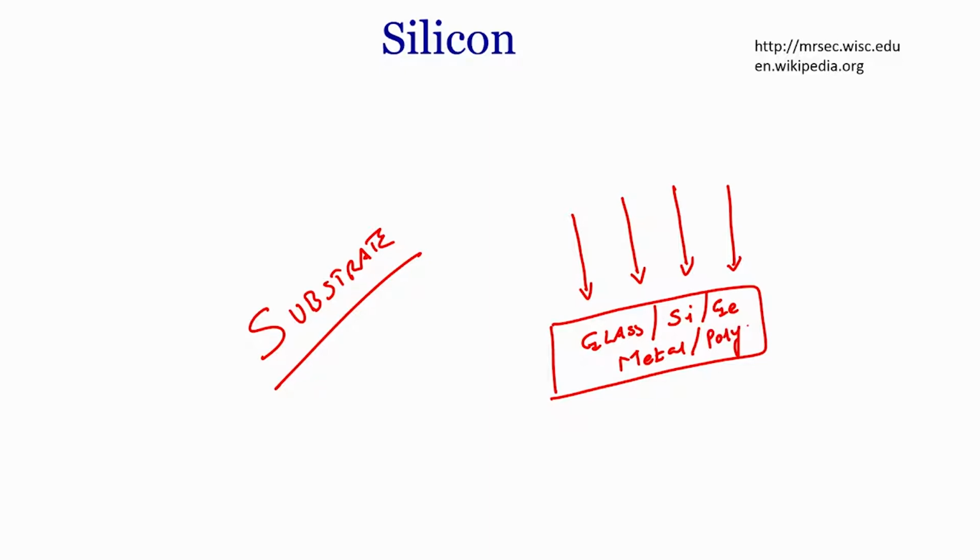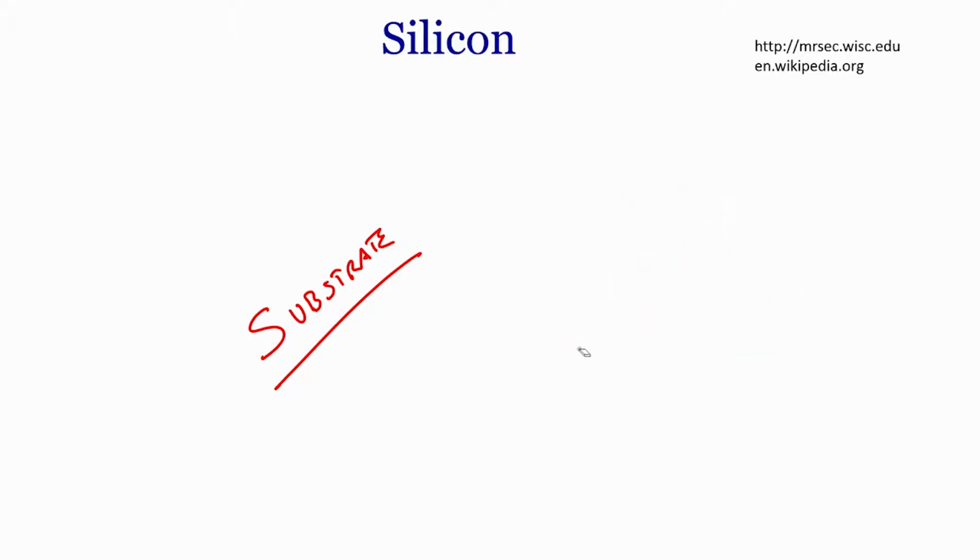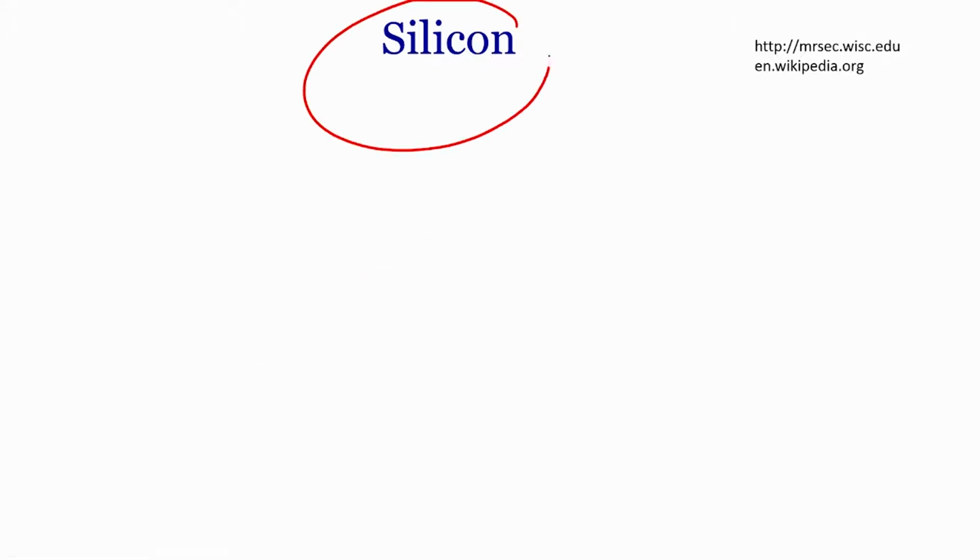So, substrates can be made of polymer, semiconductor, an insulator or a conductor, on which we are going to fabricate a sensor. Now, in this particular space, 90% of the sensors are fabricated on silicon. So, silicon is a semiconductor, right, you should know.